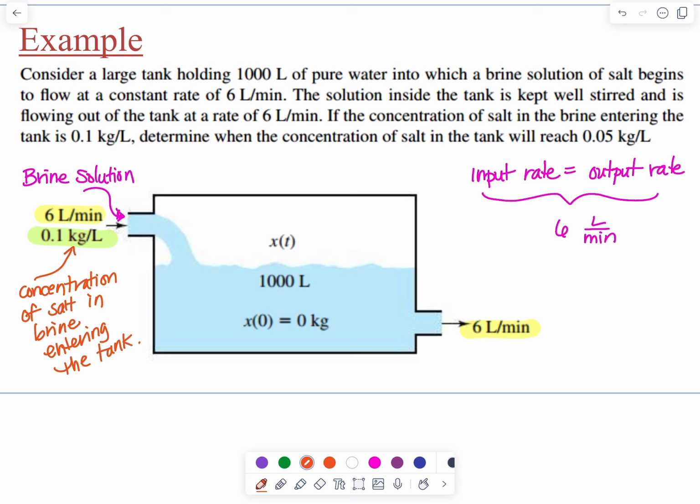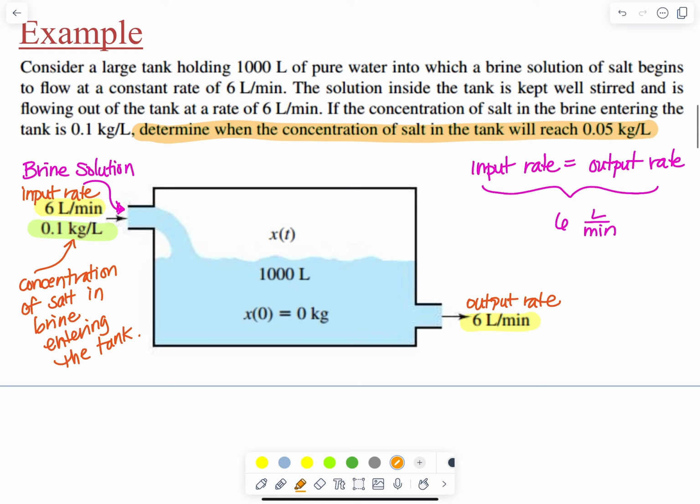And of course, this is the input rate, and this is the output rate. Okay, so we want to determine when the concentration of salt in the tank will reach 0.05 kilograms per liter.